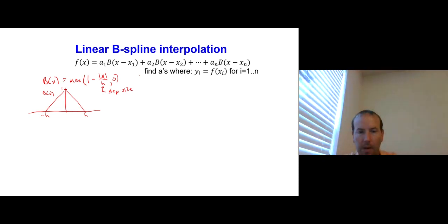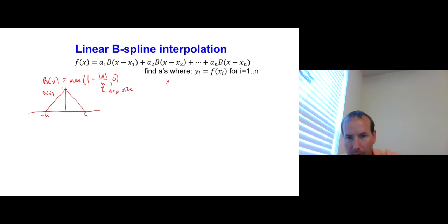Okay. So a lot of times we're going to need to deal with not just this basis function, but a shifted version of the basis function. So it's helpful to see what that looks like. If our basis function is shifted by an amount the same as the step size, it looks something like this.